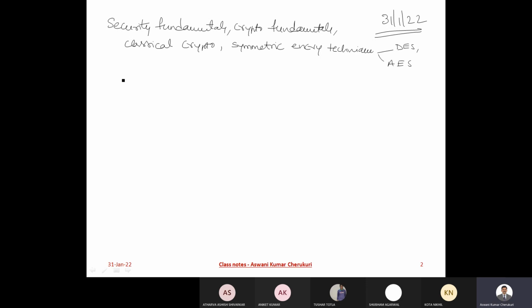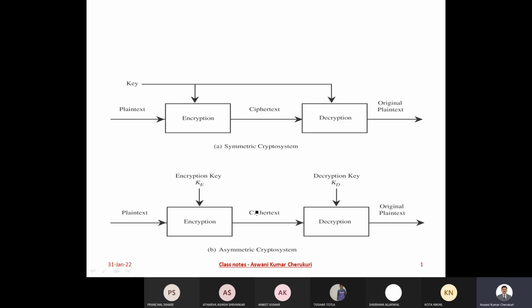Now the point is, when discussing symmetric encryption techniques, while introducing cryptography, we have narrated with regard to the key how we differentiate the various crypto systems.